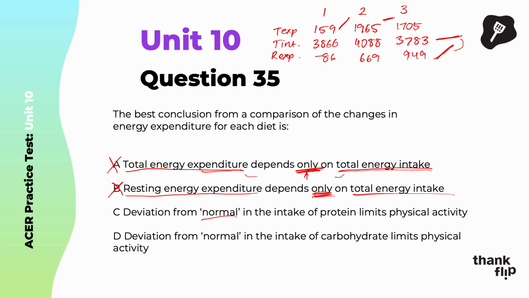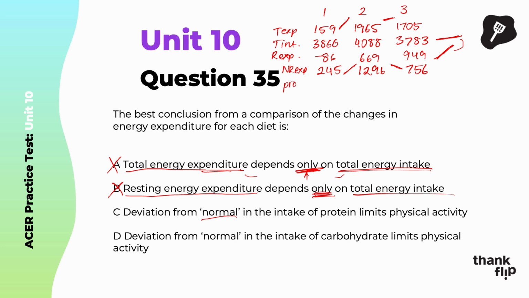So the only thing other than resting is physical activity, which would therefore refer to the non-resting energy expenditure. So I'm going to write NREXP, non-resting energy expenditure, and we have a trend here: 245, 1296, and then 756. So we have a trend going up and a trend going down.